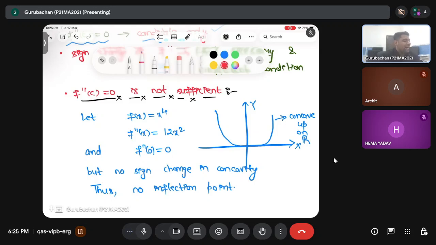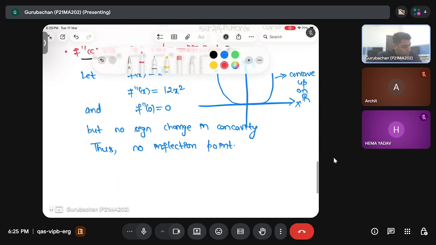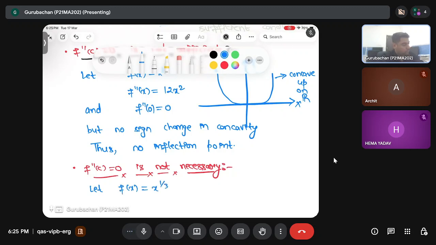Now why is it not necessary also? For that we have to see another example. f double dash c equal to 0 is not necessary even. To check this, we consider f(x) to be x to the power 1 by 3.